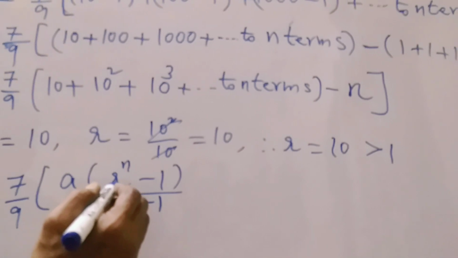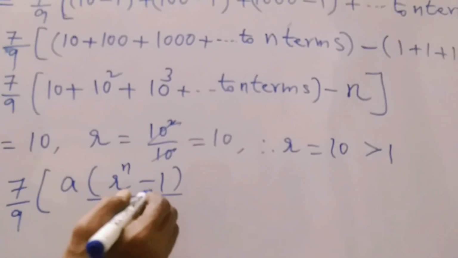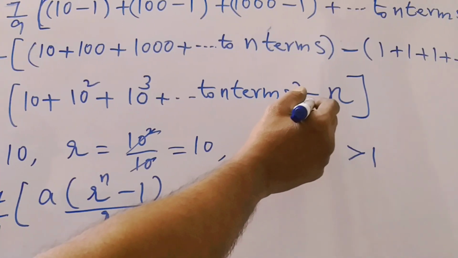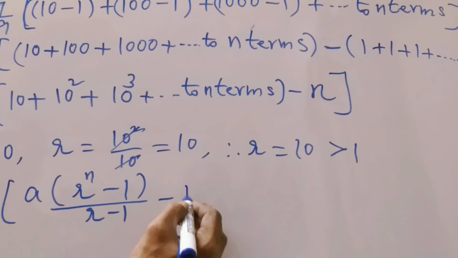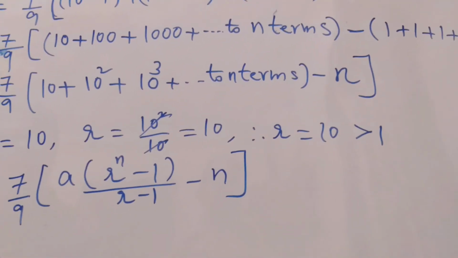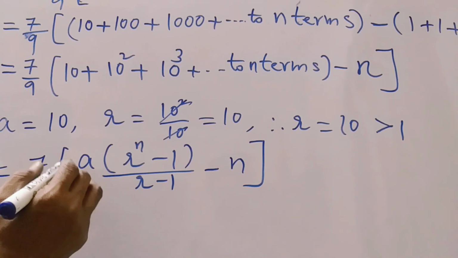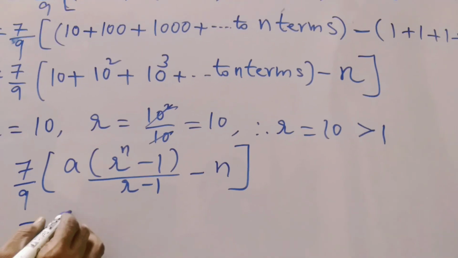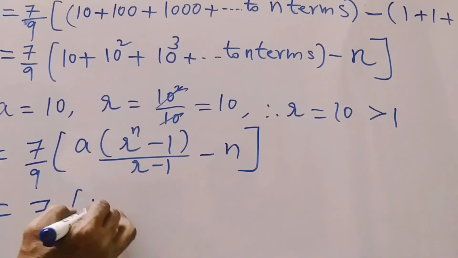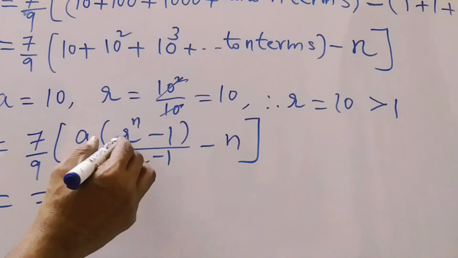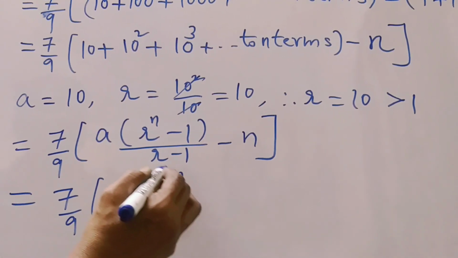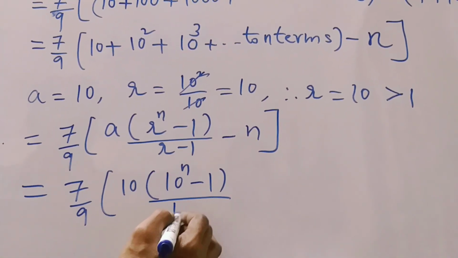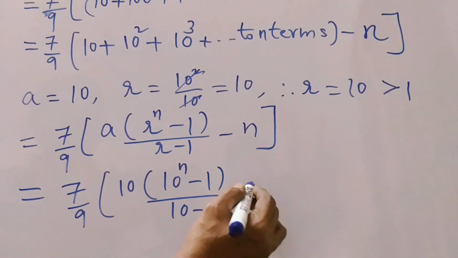Now we substitute the values: first term A is 10 and common ratio R is 10. So 7 by 9 of 10 of 10 to the power of n minus 1 by 10 minus 1, minus n.